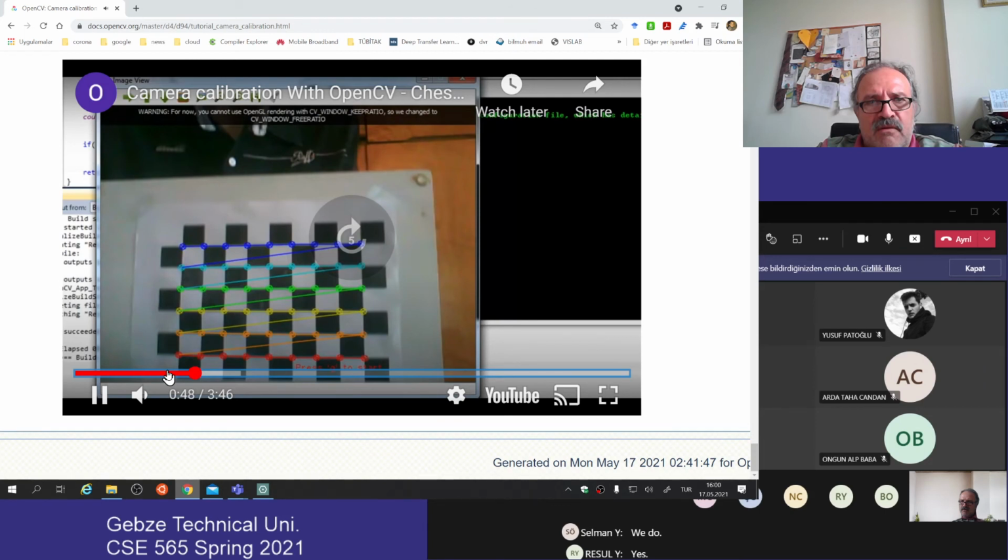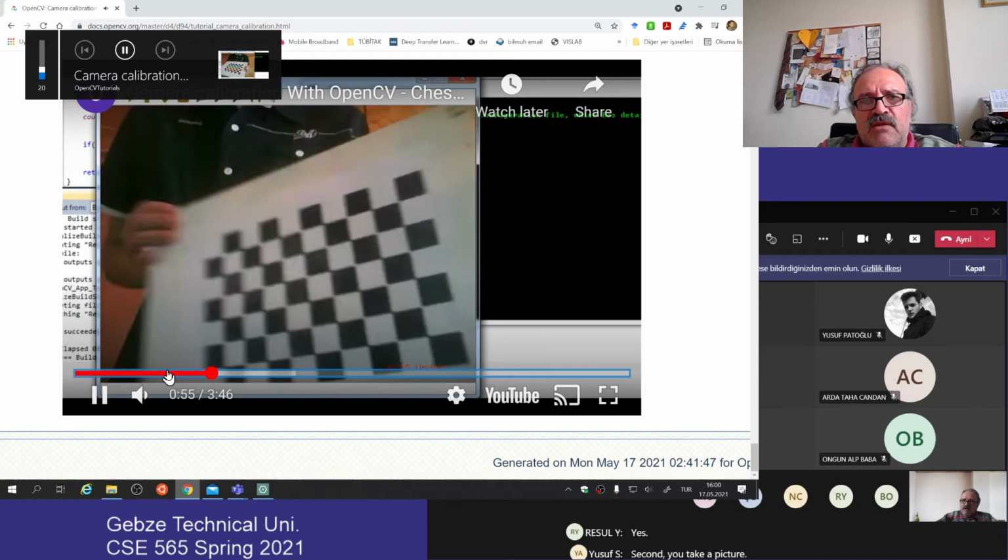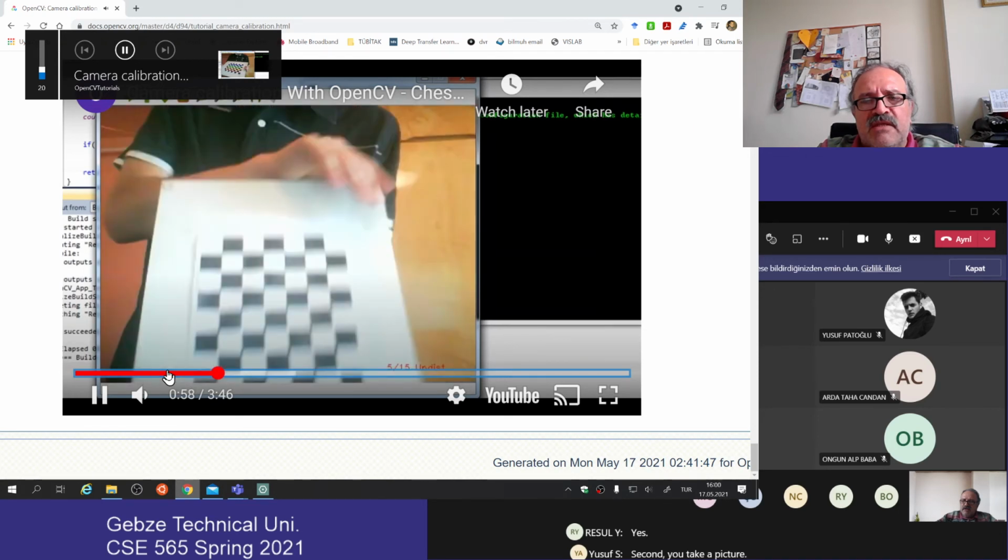Okay, so every time you take a picture, all the corners are calculated, and this guy is showing this plate at different angles.